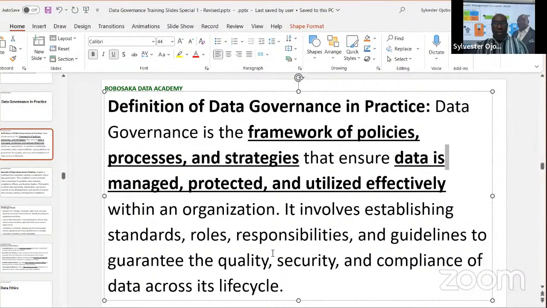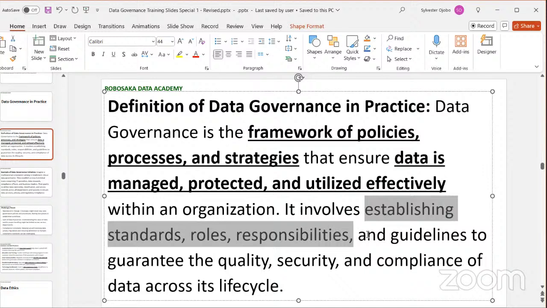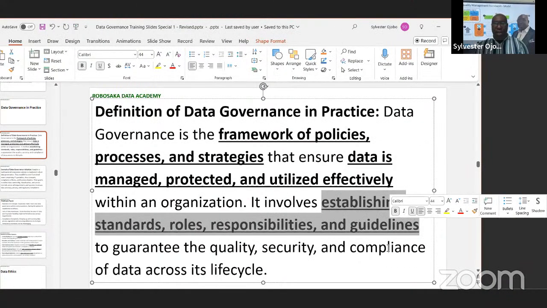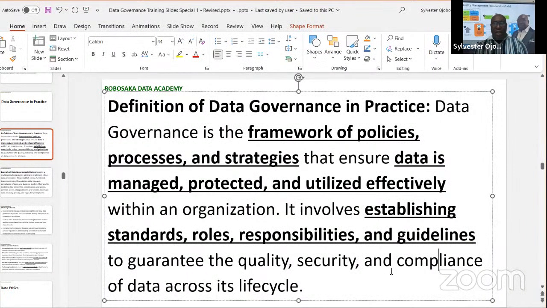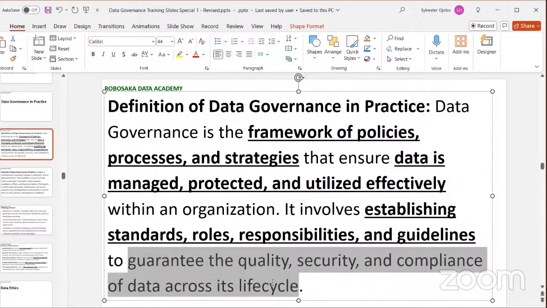It involves the establishment of standard roles, responsibilities, and guidelines. Why do we need to establish standards, rules, responsibilities, and guidelines? Why do we need to do that? That is the quality, security, and compliance of the data across its life cycle.